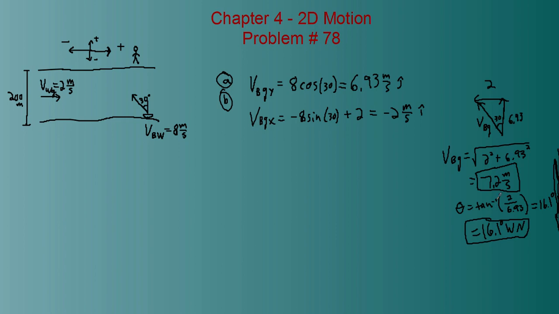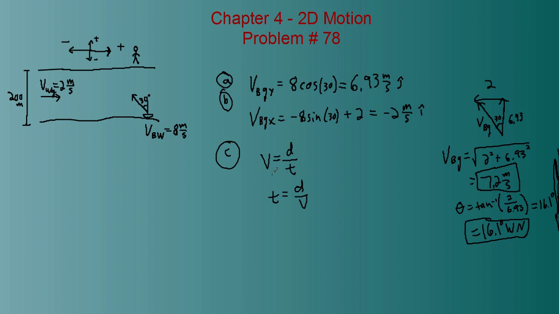What's part C? How long does it take the boat to cross the river? So C is the time it takes the boat to cross the river. Well, the boat's going at a constant speed, so no acceleration. Speed is just distance over time. Time is distance over velocity. We only know one distance, and that's across the river. That is the y distance, the vertical or j component of the distance.